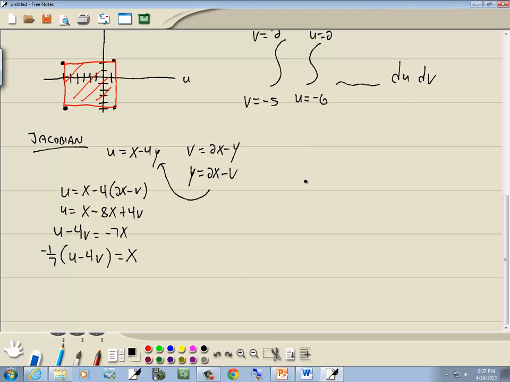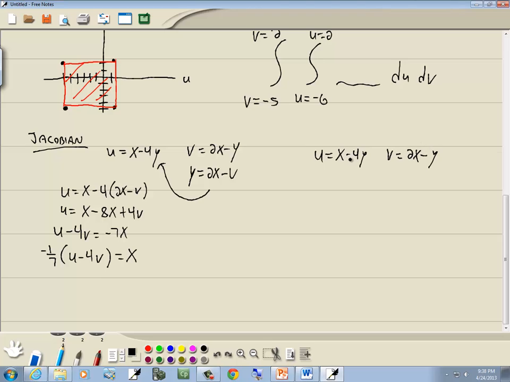We also need a y equals part. Well, we could do a similar thing. Remember, here we solved for y and then plugged it into the other one. We could solve this for x and plug it into the other one. So we got u is equal to x minus 4y, and v is equal to 2x minus y.